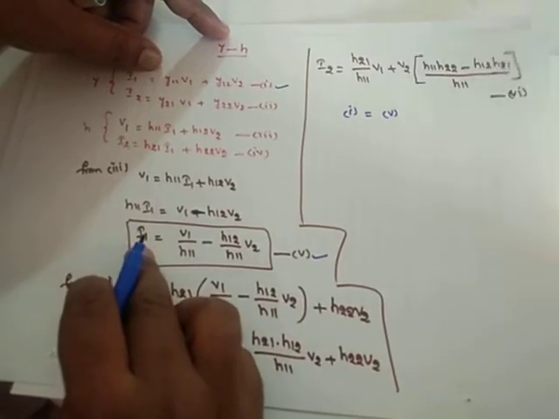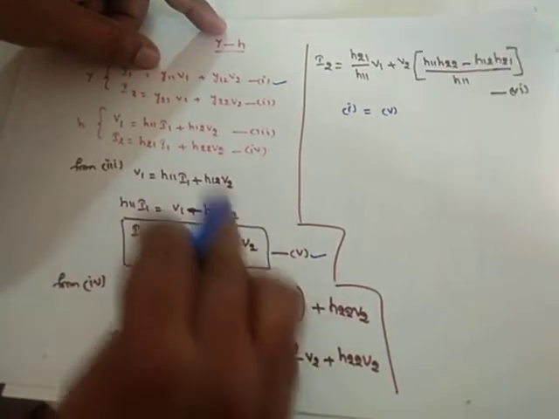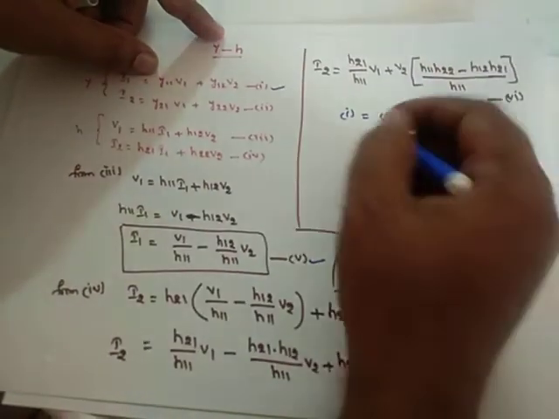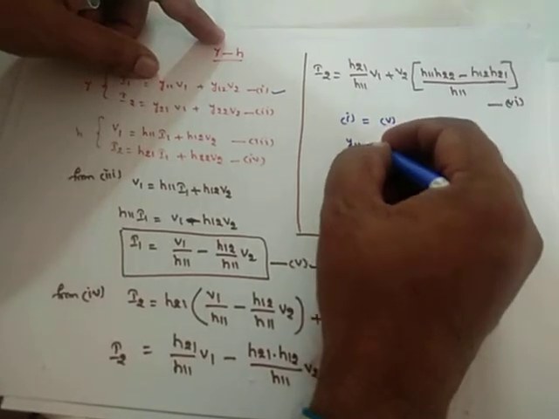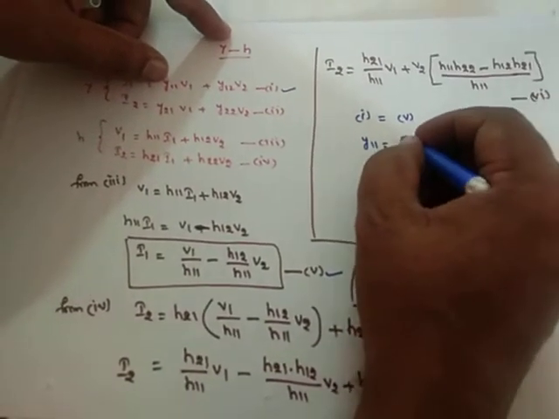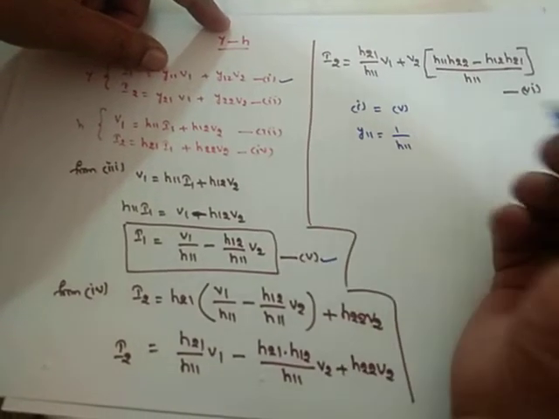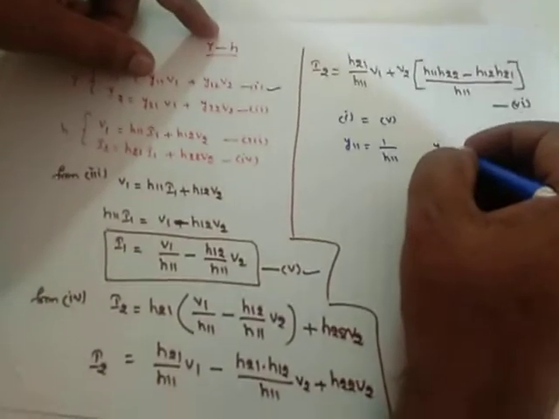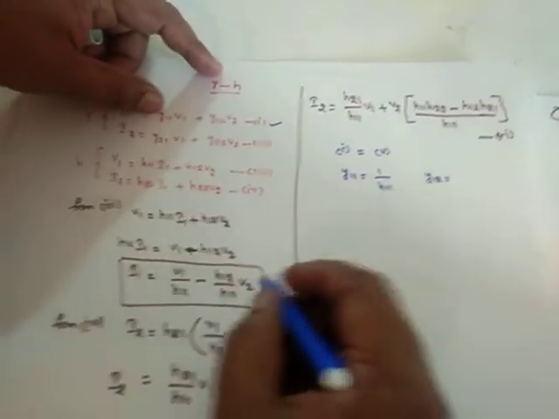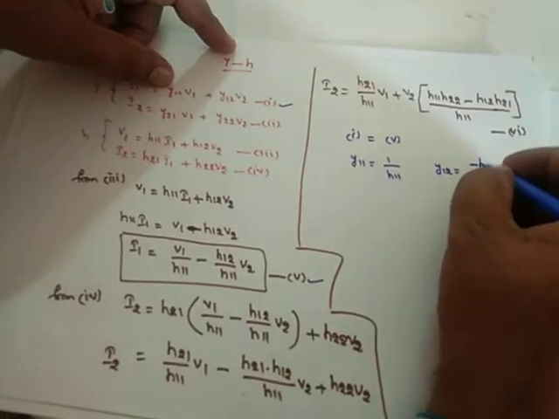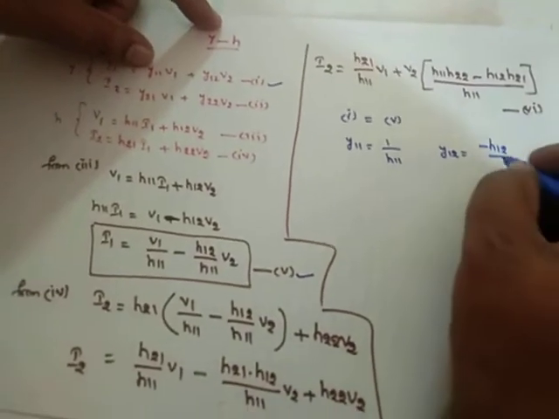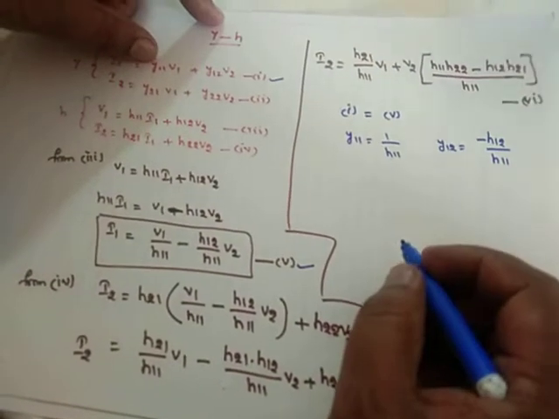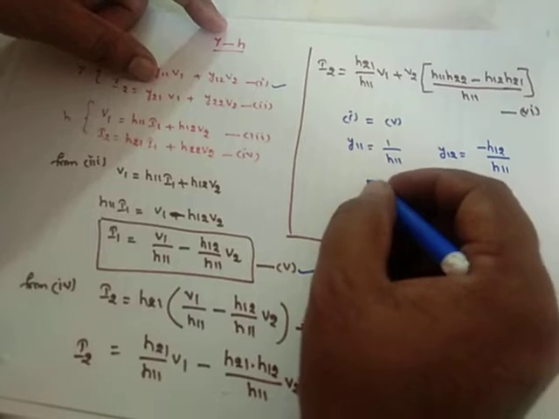Because I1 depends on V1 and V2, and here also I1 depends upon V1 and V2. From that, what is Y11? Y11 is equal to 1 by H11. Similarly, Y12 is equal to minus H12 by H11.